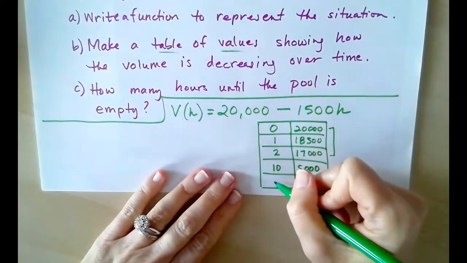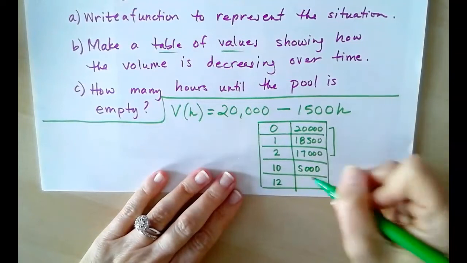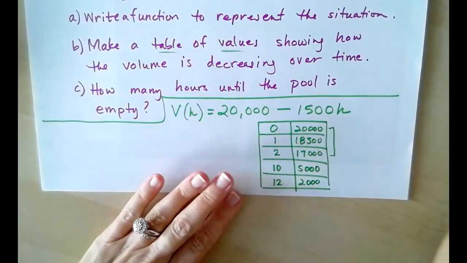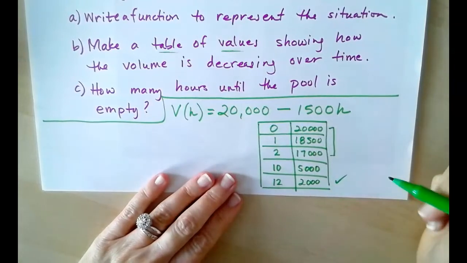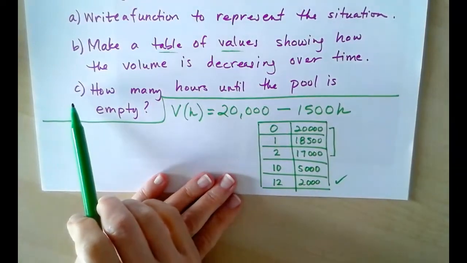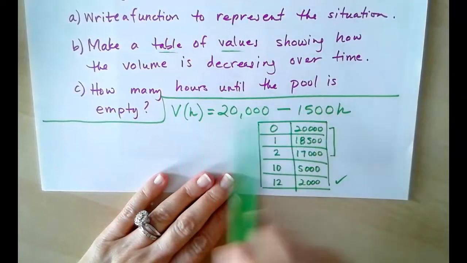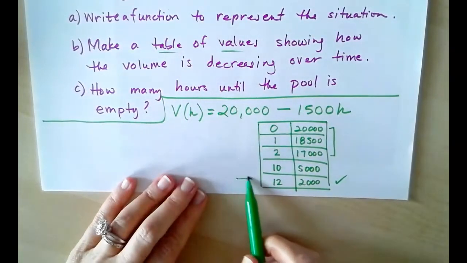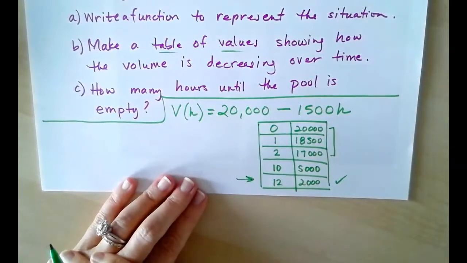So let's go down another 2 hours. After 12 hours, 3,000 more gallons were gone, 2,000 were left. Now, getting to here is going to help us answer letter C. How many hours until the pool is empty? Well, after 12 hours, there were only 2,000 gallons left.